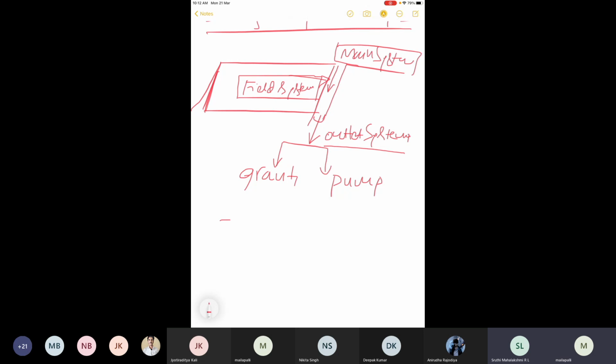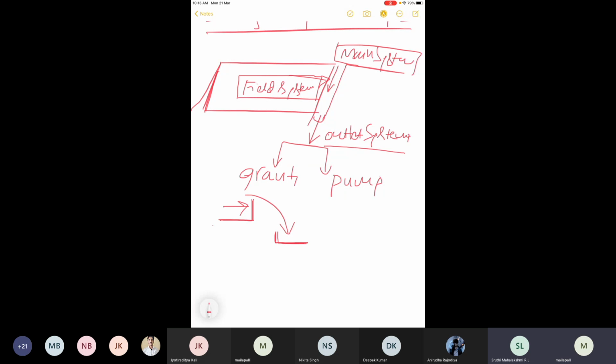Suppose this is the drainage base of the main system, and the drainage base of the outlet sink system is here. Since it is below, you can use the gravity outlet. This is called the gravity outlet.